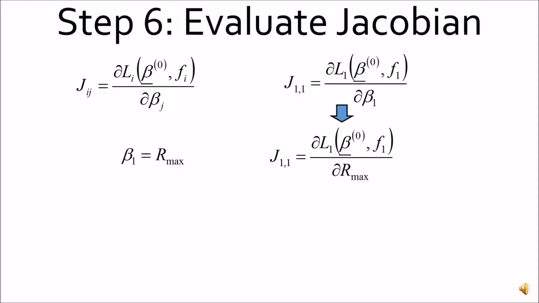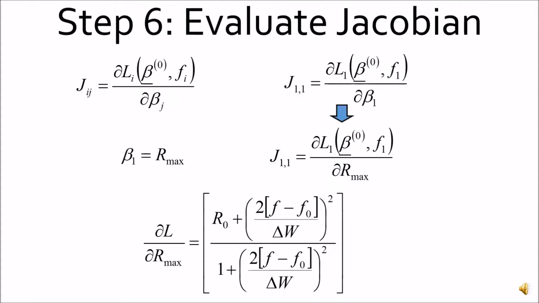And in that case, we can just replace the derivative on the bottom with respect to Rmax. We calculated that before, so this is the result, and that was at the start of the video. All we do is set f equal to the value at the first data point, and then we can evaluate this using all of our initial parameters.